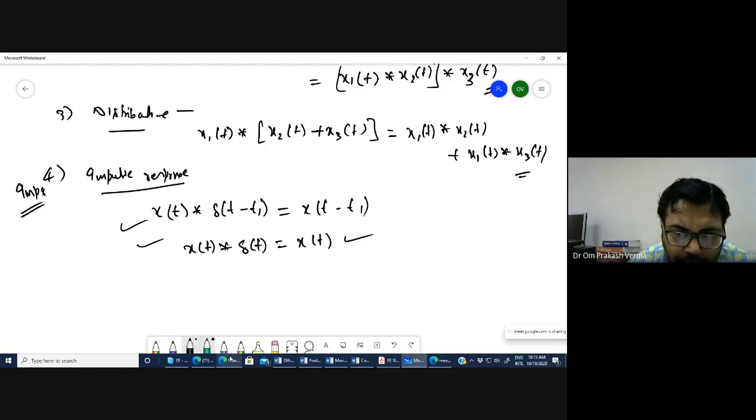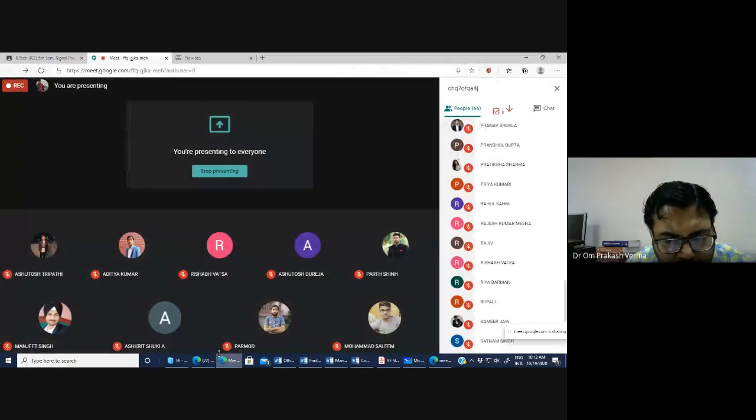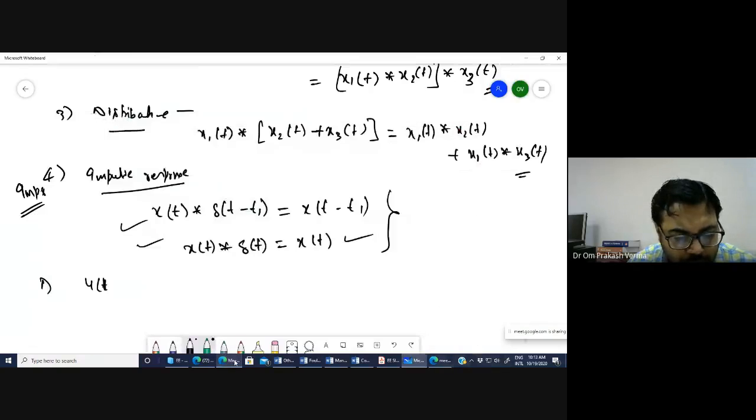Based on these two properties, let's say I am giving an example. In your examination, a problem will be given, and the question setter will ask what is the convolution of this. So based on this, u(t minus 1) convolution delta(t plus 2), tell me what is the answer.